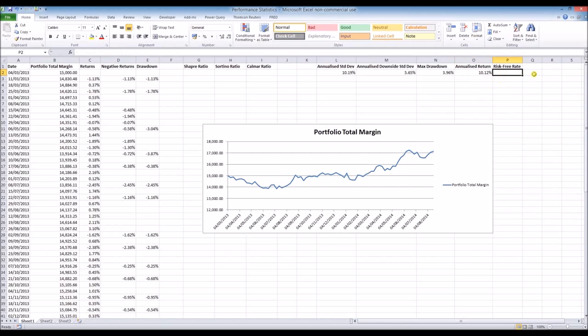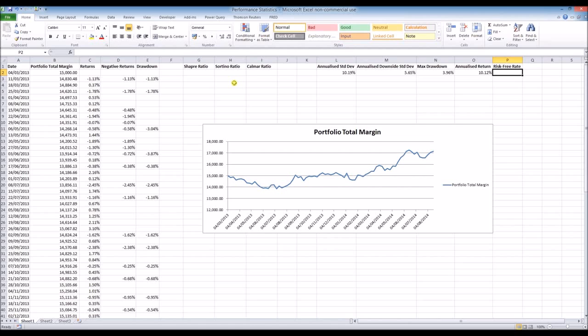And then the risk-free rate. So the reason we need the risk-free rate in these performance statistic calculations is because, as I said previously, these are all risk-return measures. So basically they'll all have a return number on the top of the equation and then divide it by a risk number to come up with a performance ratio.